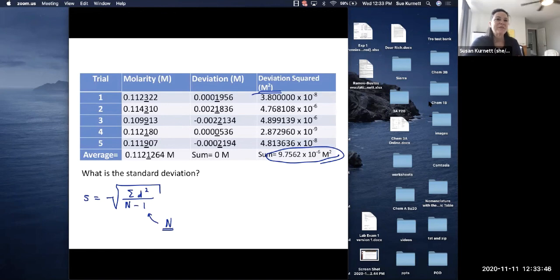So if there were 5 objects that were made as replicates, and these are the only 5 of this kind of object in the world, and you found the density of each of them, but they were the only 5 in the entire world, you would divide by n. But if there's 10 or 100 or 1,000 or 1,000,000 of these objects, and you found the density of 5, you divide by n minus 1.